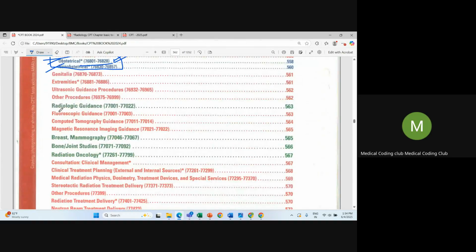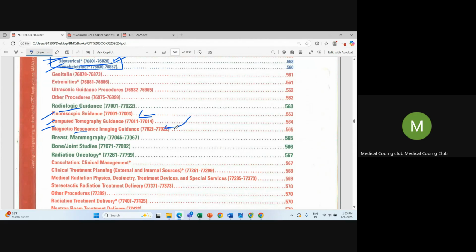Coming to radiologic guidance, for all of these we will be using fluoroscopic guidance, CT guidance, and MRI guidance. If you take an example of arthrocentesis, performed on a major joint using fluoroscopic guidance, or a minor joint or small joint using MRI guidance.